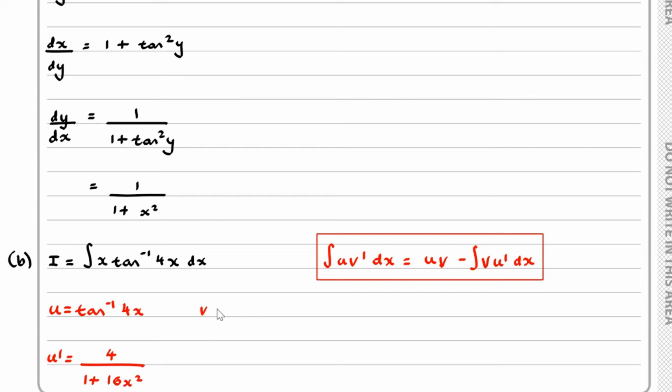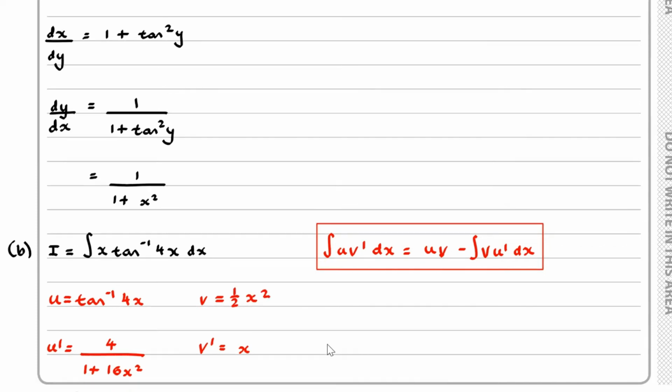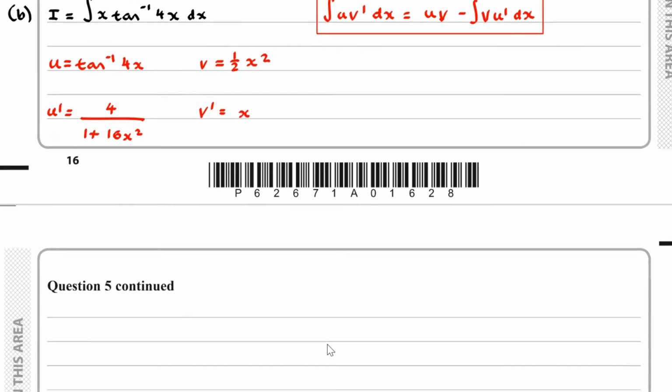We've got v, which we need to work out, and v dash we know is x, so therefore v is equal to 1/2 x squared. And now we can substitute into this formula here.